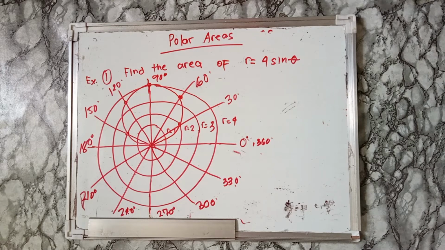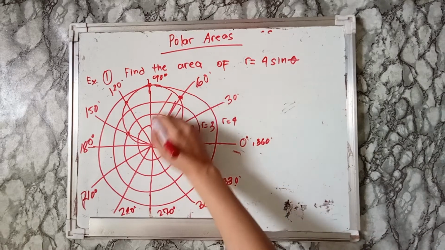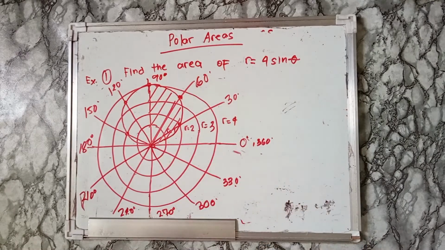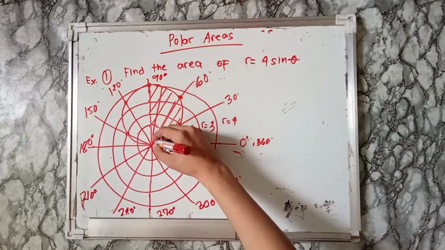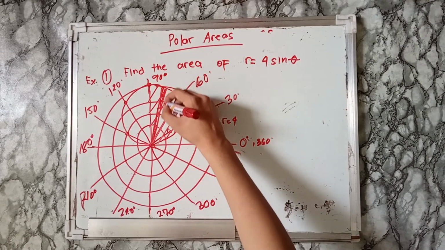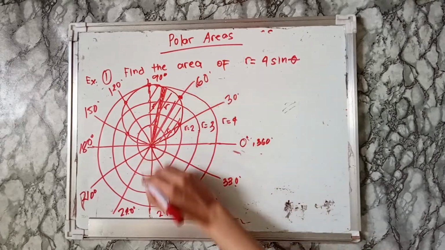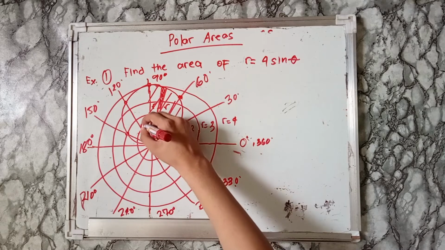Now, if we need to find this area, what do we do? First, draw a strip here. So this is r and r, right? And of course our d theta.